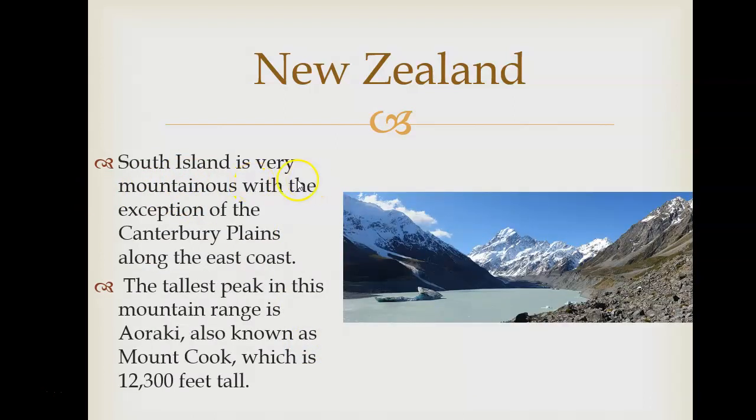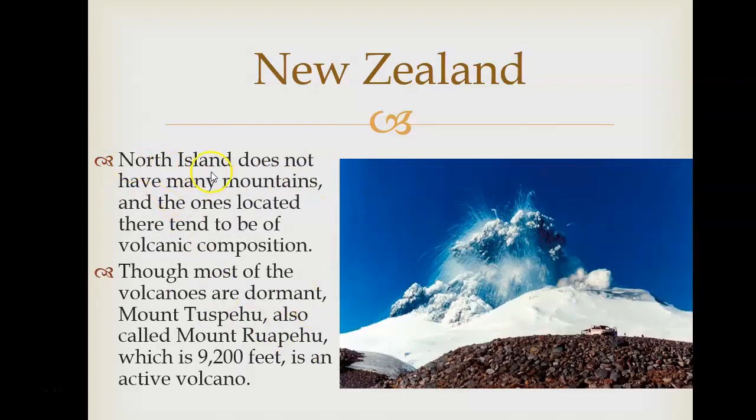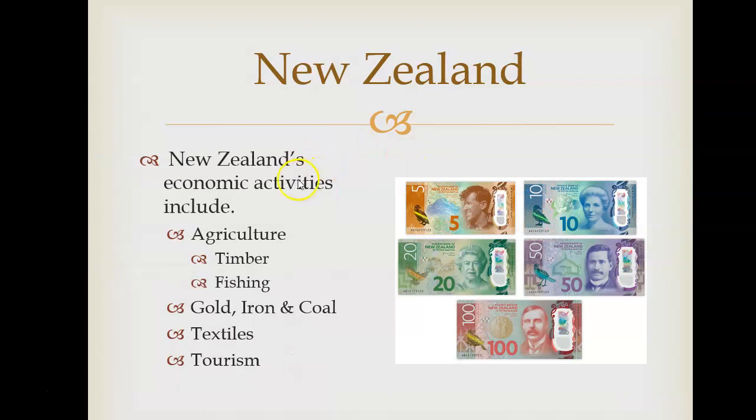The South Island is very mountainous. The North Island doesn't have as many mountains, but the ones that are there tend to be of volcanic origin. Most are dormant, but there are still some that are active. Here are New Zealand's main economic activities.